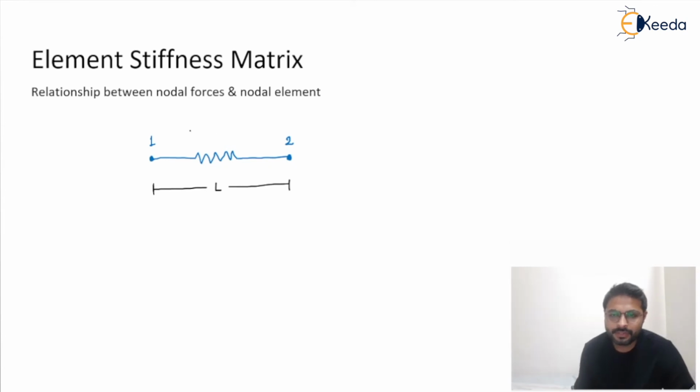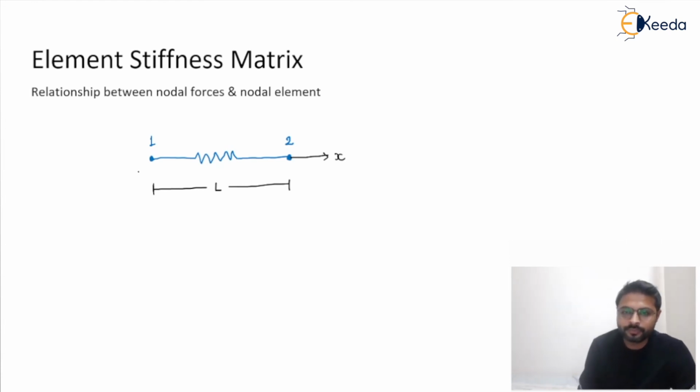Now this is just a symbolic representation of the element. This element could have some thickness or some cross section area, but we are only considering the deflection in one direction, so we are only representing it in one direction. Suppose it is the x direction.